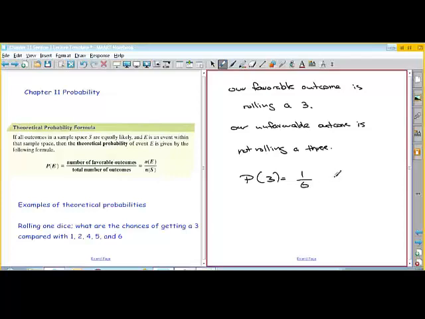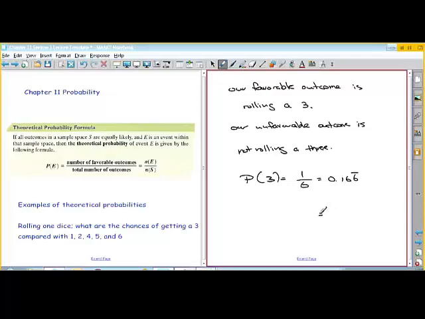You could also represent that as a percentage. So what you would do is take that ratio, 1 divided by 6, as a decimal. 1 divided by 6 is 0.166, repeating. So you can either say it as a fraction, or as a decimal between 0 and 1.